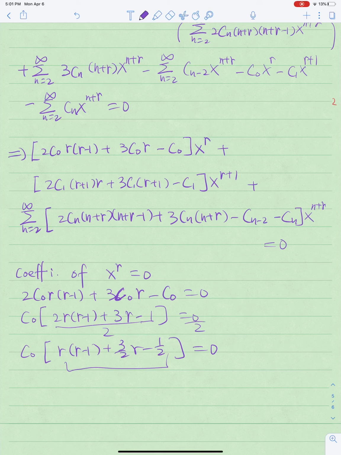So since C naught is not 0, this equation has to be 0. That means R should be half, or R is -1.